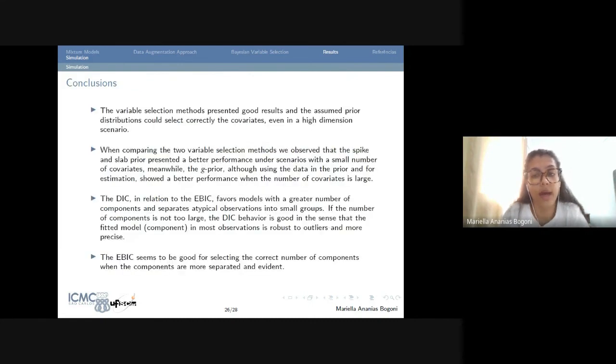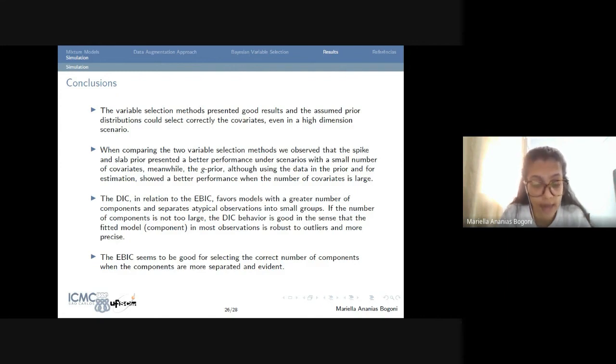Well, here we have some conclusions that we observed through all the simulation scenarios we considered in this work. The first conclusion is that the variable selection methods presented good results, and the assumed prior distributions could select correctly the covariates, even in a high dimension scenario, as we saw in the previous slides.